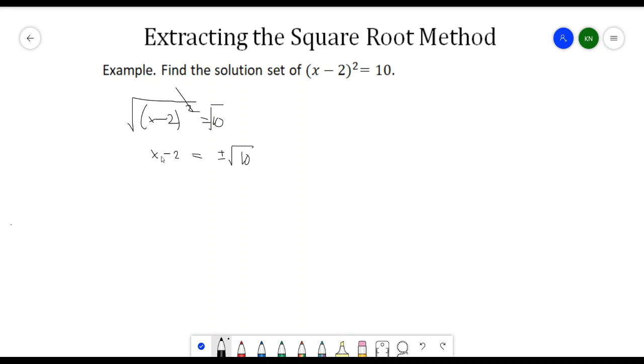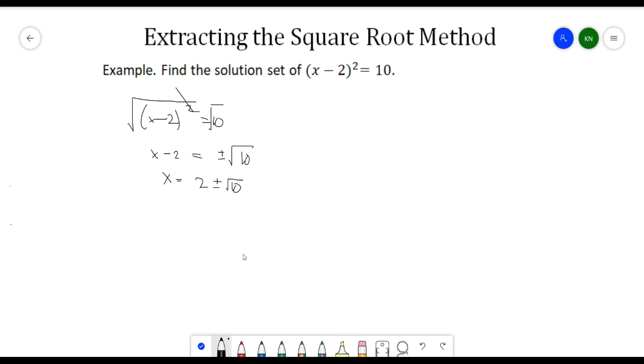So in order for us to isolate the value of x, we just move the 2 to the other side. So we have x is equal to 2 plus or minus square root of 10. This will yield a decimal answer, which is not appropriate, since it is not the exact value.